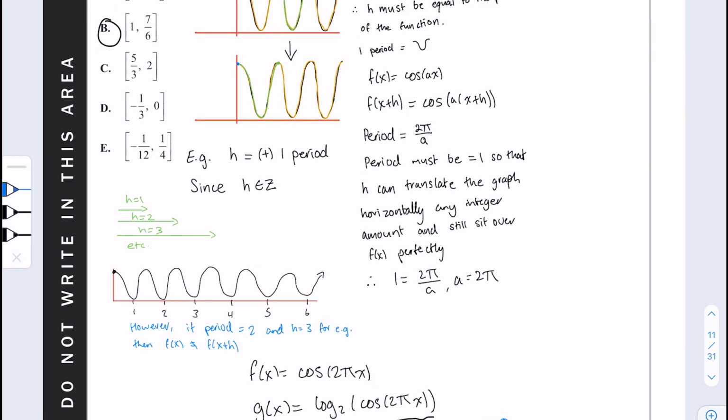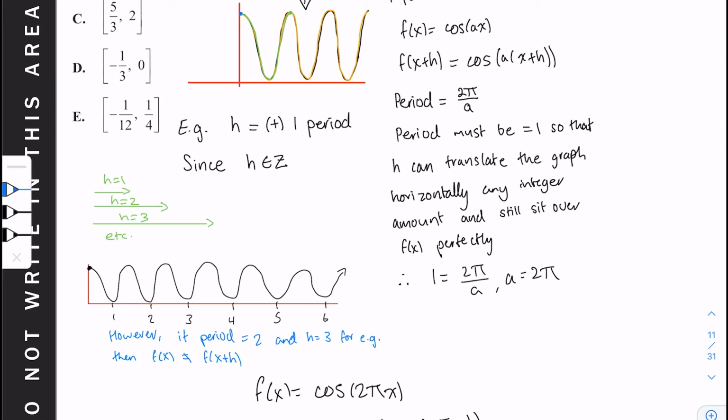You know, the period must be an integer. And then down here, we can show since h can be any integer at all, that means the period has to be 1. So say this is a period of 1, this is a period of 2, this is a period of 3, no, sorry, that's a period of 1, but then we're just going through the successions. So h can equal 1, h can equal 2, h can equal 3. And when this point gets translated to that point, the graph's still going to go on and be the exact same.